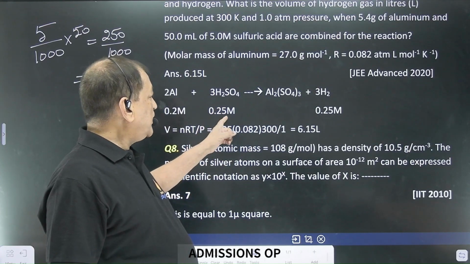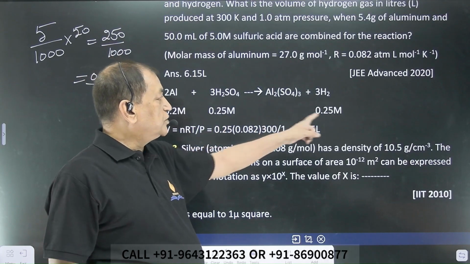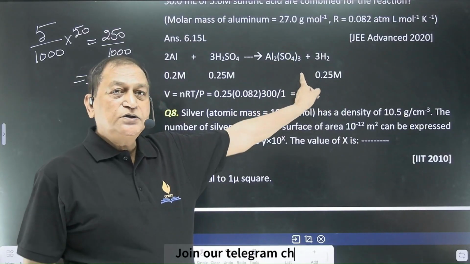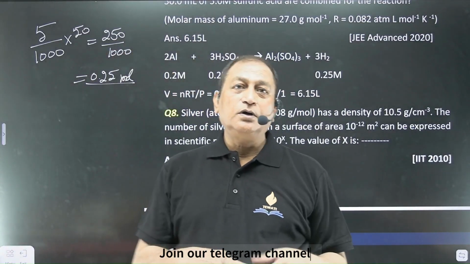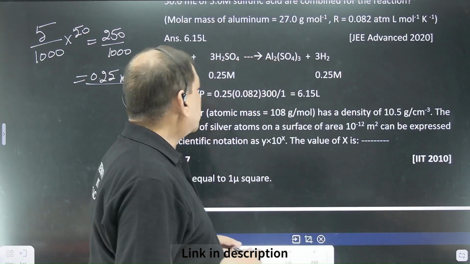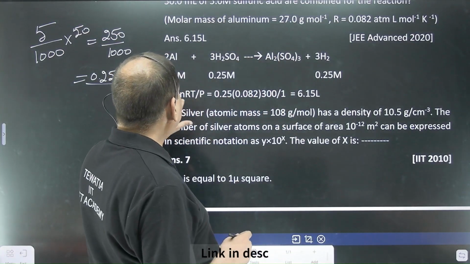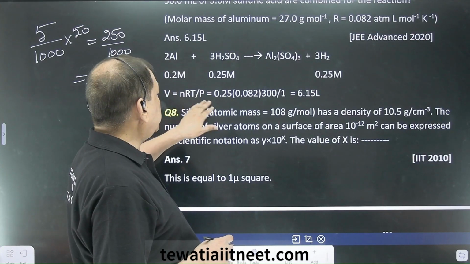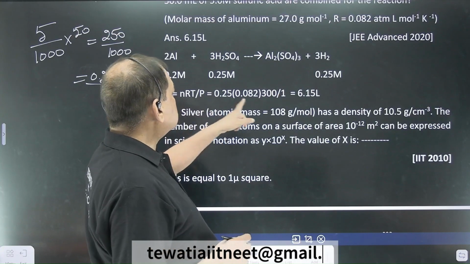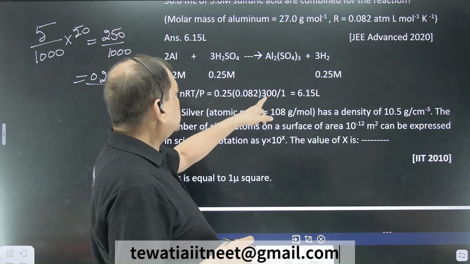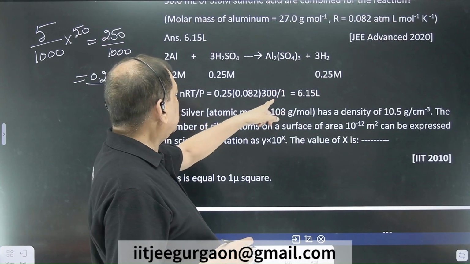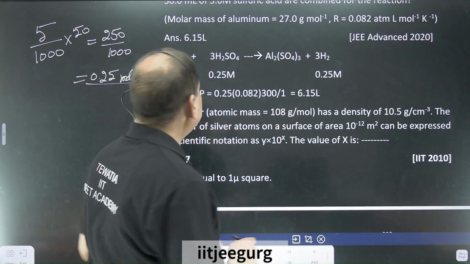So 0.25 mole of H2SO4 will produce 0.25 mole of hydrogen. But he is not asking the mole or weight of the hydrogen. He is asking the volume. So for that we have to apply this formula, V is equal to nRT by P. So n is given 0.25, R is 0.082, temperature 300 Kelvin, pressure 1 atmosphere, so it gives 6.15 liter.